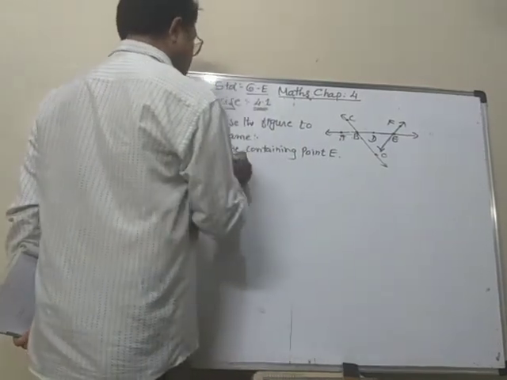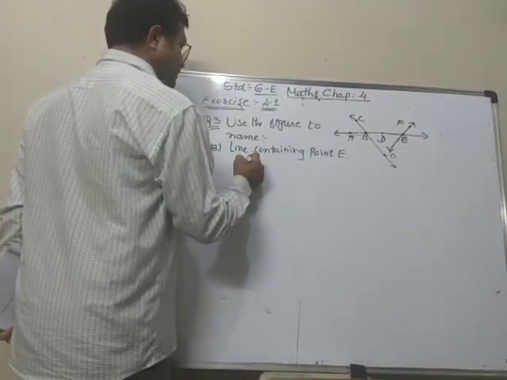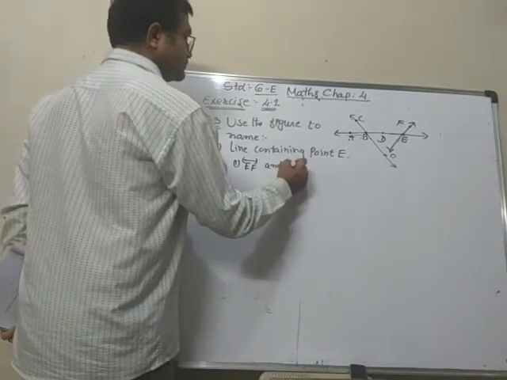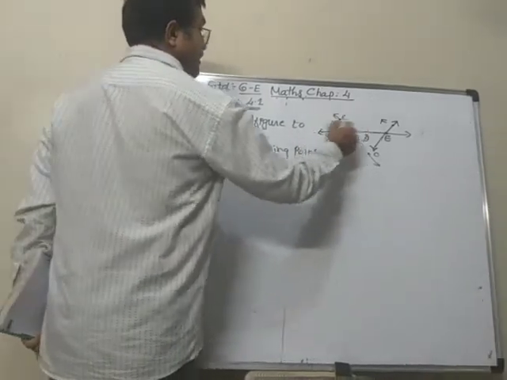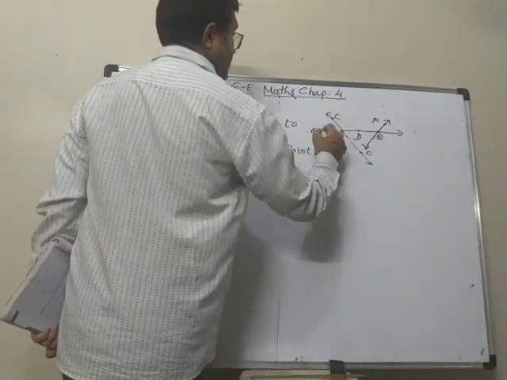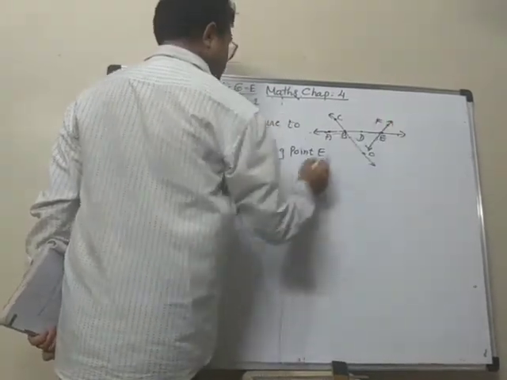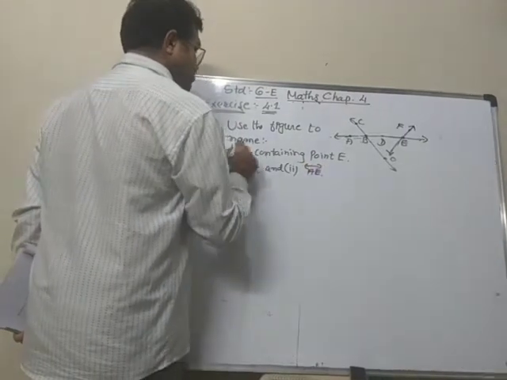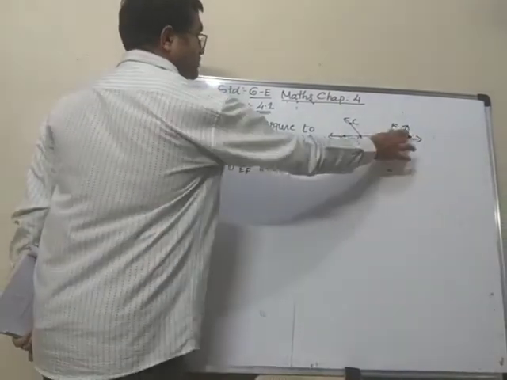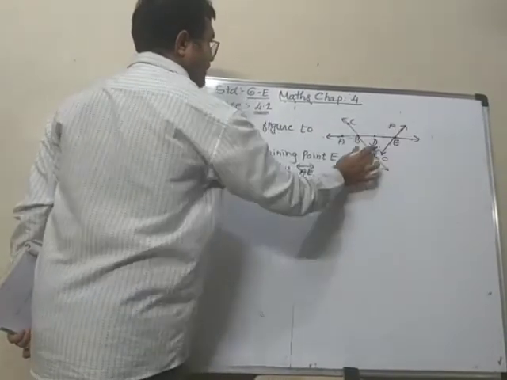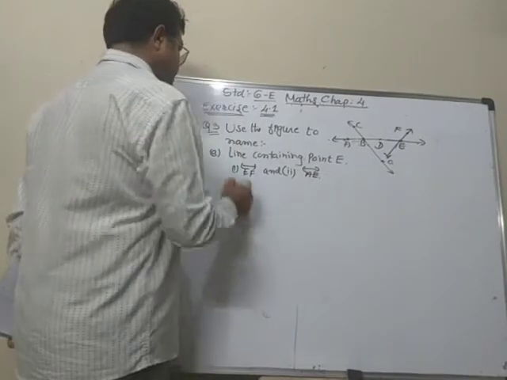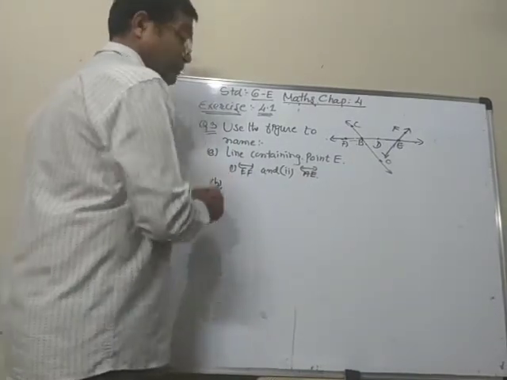So you can write down both lines: EF, and you can say line AE or BE or DE, whatever. So the lines containing point E are both line AE and line EF. It is not on line CB, so we cannot write down that one.